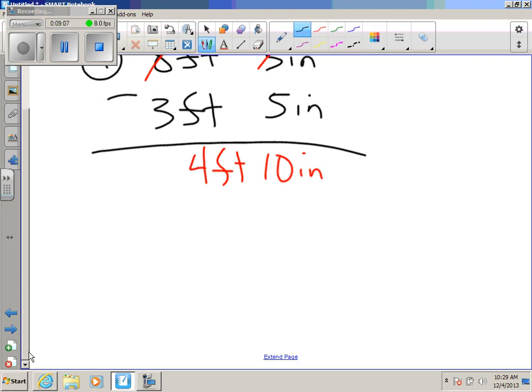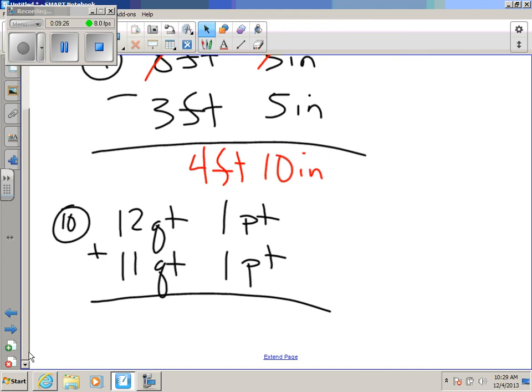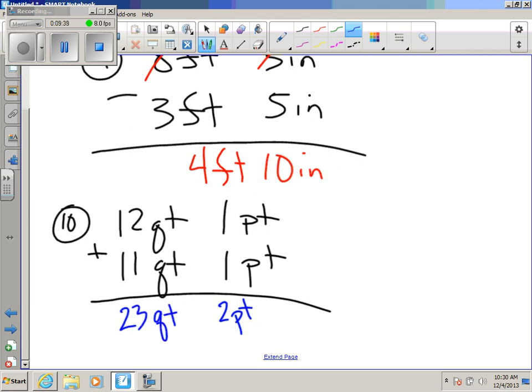Number 10, 12 quarts, 1 pint, 11 quarts, 1 pint, and they want us to add this up. Well, we'll see, right? 2 pints and what? 23 quarts.